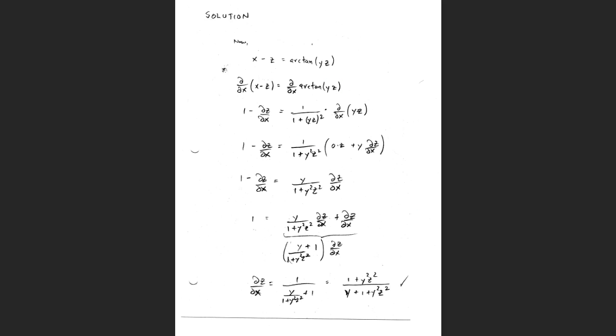First, we're going to try to find the partial derivative of z with respect to x. So I'm going to take this equation and differentiate both sides with respect to x, but it's partial differentiation. Okay, so that's what happens in the second step.